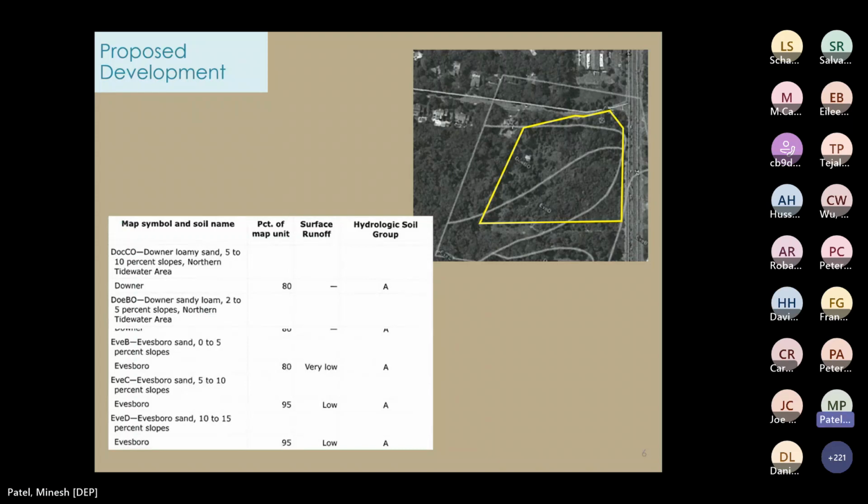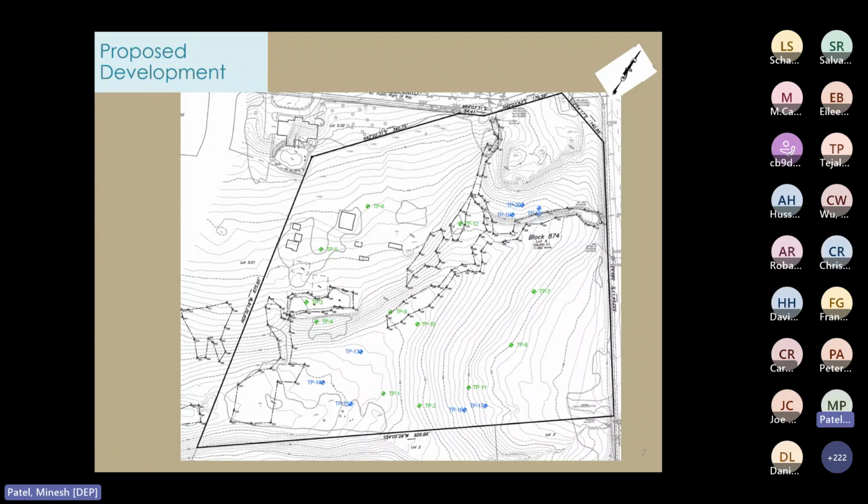Two sets of soil investigations were conducted. A total of 20 test pits were performed. The first group, shown in green, is from April 2021, and the second group, shown in blue, is from January 2022. I've superimposed the 3 proposed small-scale infiltration basins onto the soil testing map just to show which test pits correspond to the respective basins.